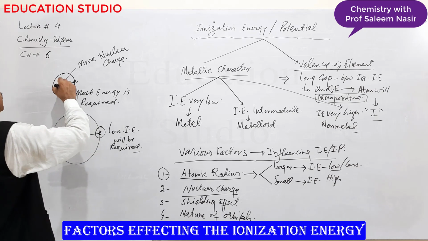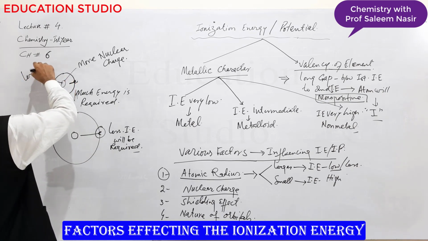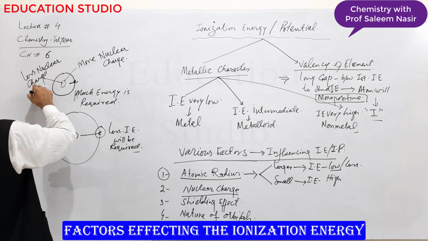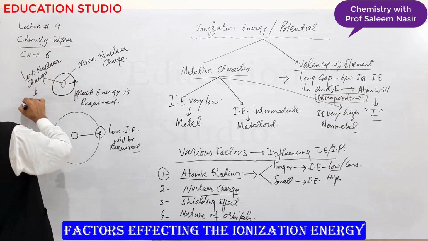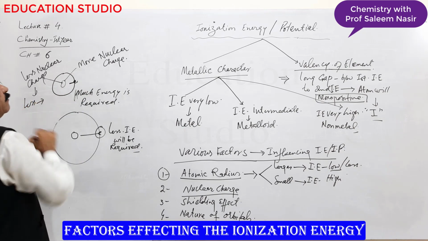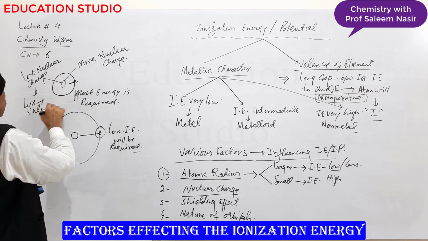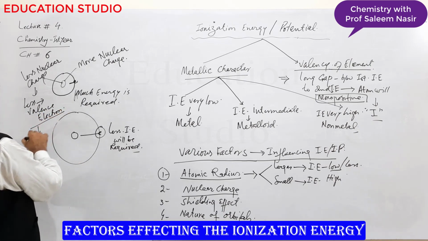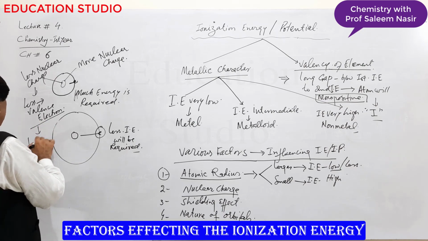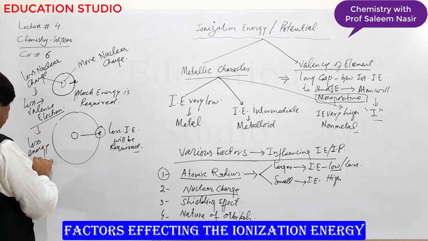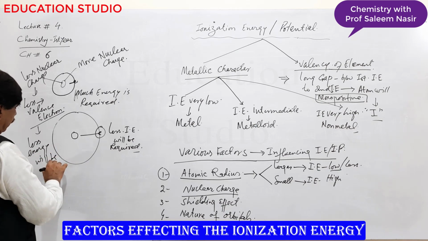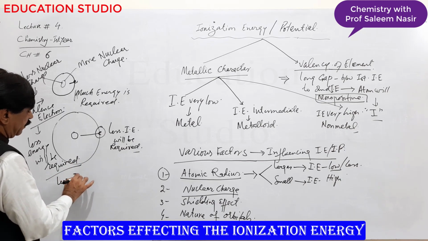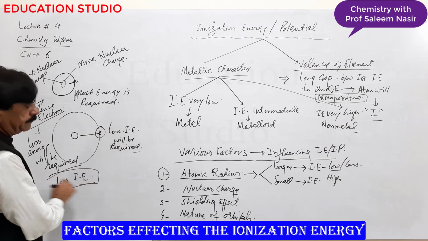The less the nuclear charge, the less influence on the valence electron, and less energy will be required, so the ionization energy will be less for that atom.